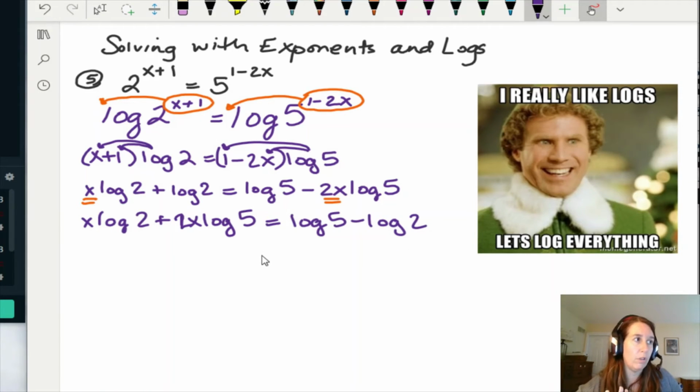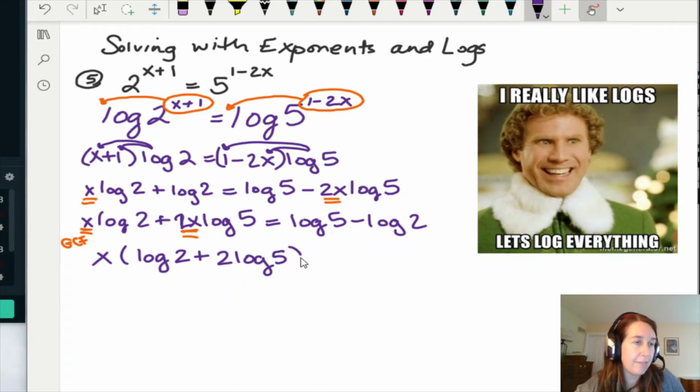Okay, wonderful. Now, I still have 2x here and an x here. So I'm going to do a GCF of x. I can't do the 2 because this one doesn't have a 2. So the GCF is x, and then that is times log 2 plus 2 log 5, right?